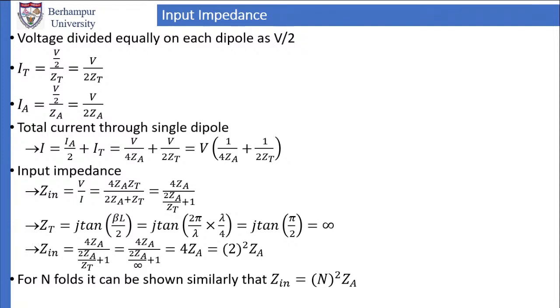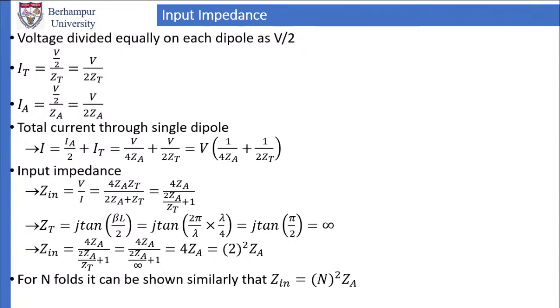So for Zin, if we put Zin is equal to 4 ZA by 2 ZA by ZT plus 1, and for ZT we put infinity, 2 ZA by ZT will be 0. Therefore, Zin will be ultimately 4 ZA by 0 plus 1, that is 4 ZA.